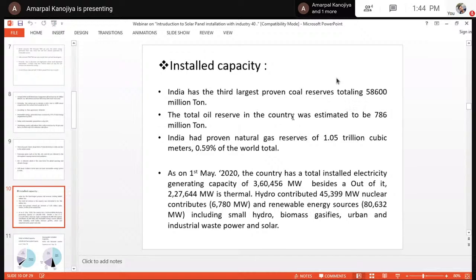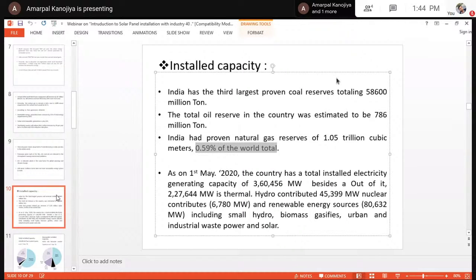Oil we have 786 billion tons, and India has a proven natural gas reserve capacity of 1.05 trillion cubic meters. This storage of energy which we have is just 0.59 percent as compared to the world.